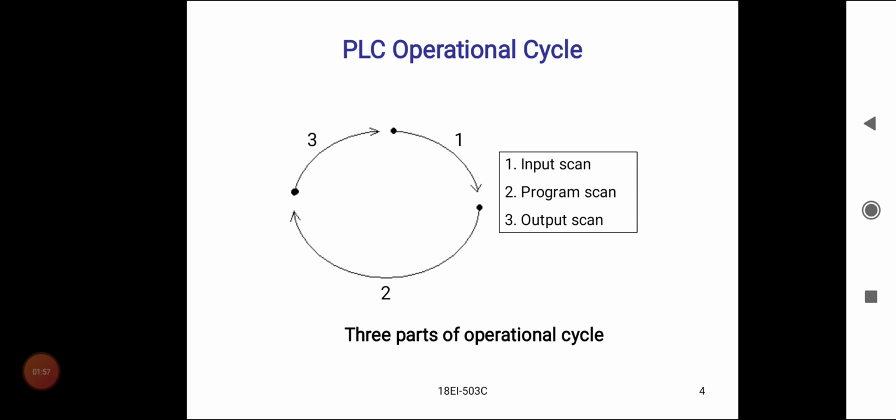So the PLC operation cycle has an input scan, program scan, and output scan, the three parts of an operation cycle.